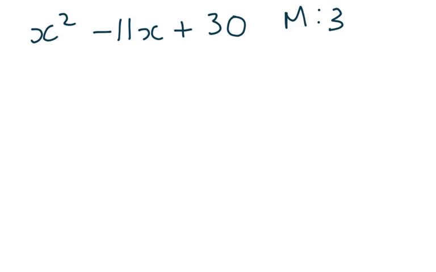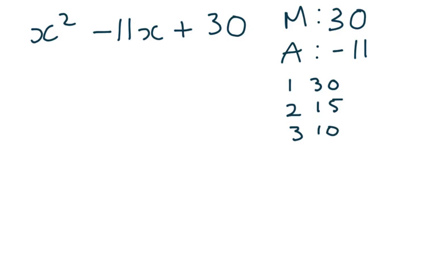If you had one like this, where there is a negative and a positive, you need to make sure it multiplies to 30 and adds to negative 11 this time. So we list the factors again, so we have 1 and 30, 2 and 15, 3 and 10, 5 and 6.